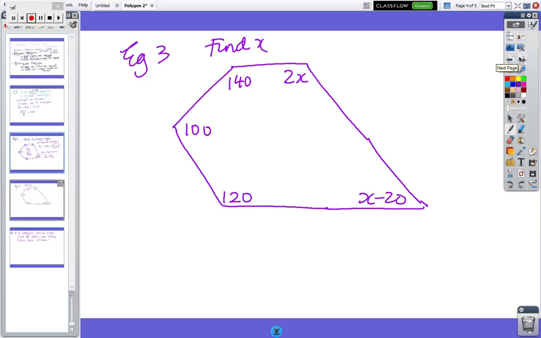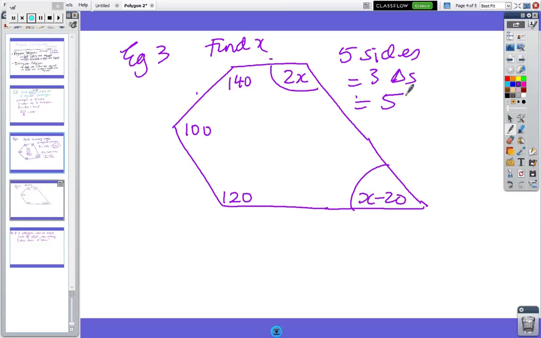Okay, I've got another irregular one, but this time I've got 2 angles missing. They both have the letter x in them, so we're going to form an equation. So again, I've got 1, 2, 3, 4, 5. So I've got 5 sides, which is 3 triangles, and we've done this calculation a few times already. So it's 540 degrees.